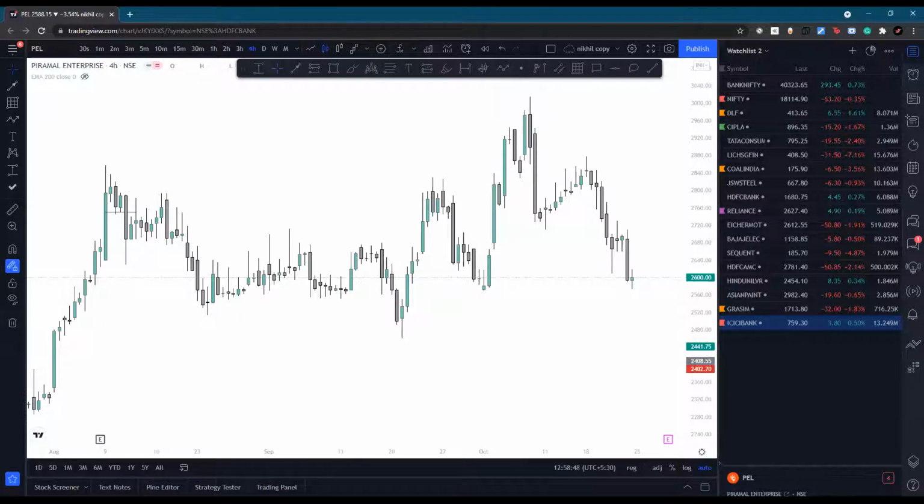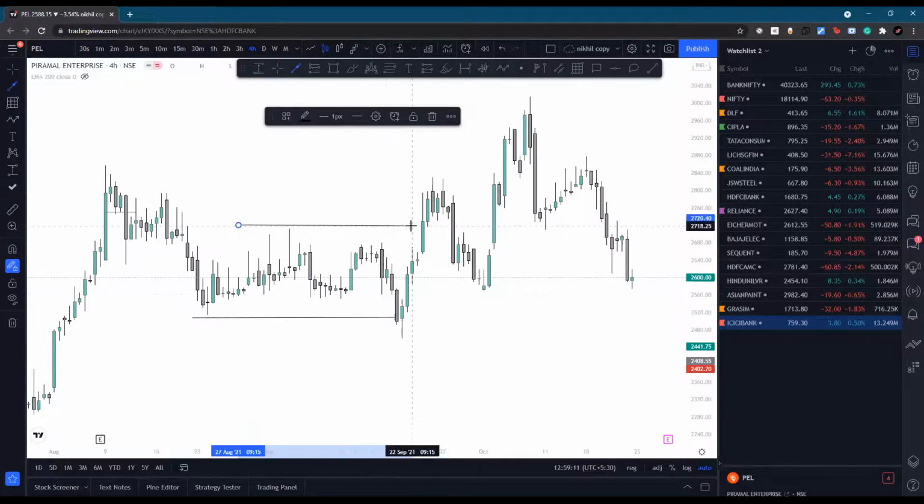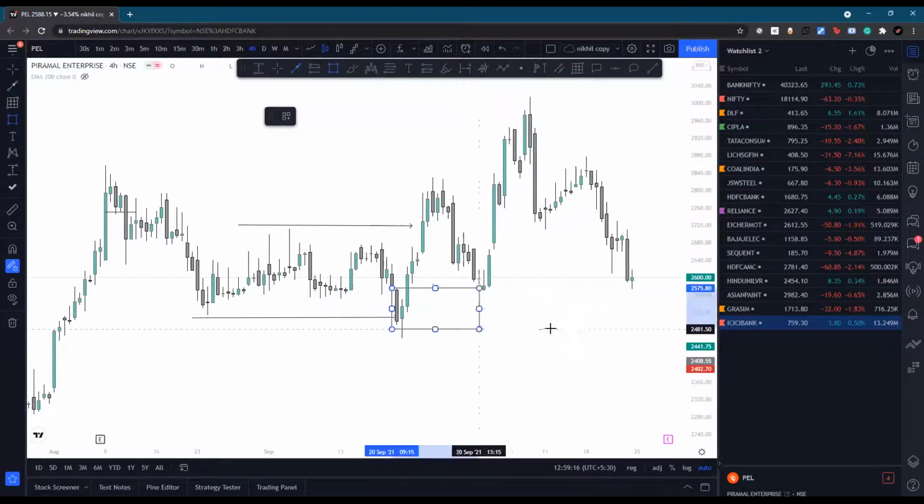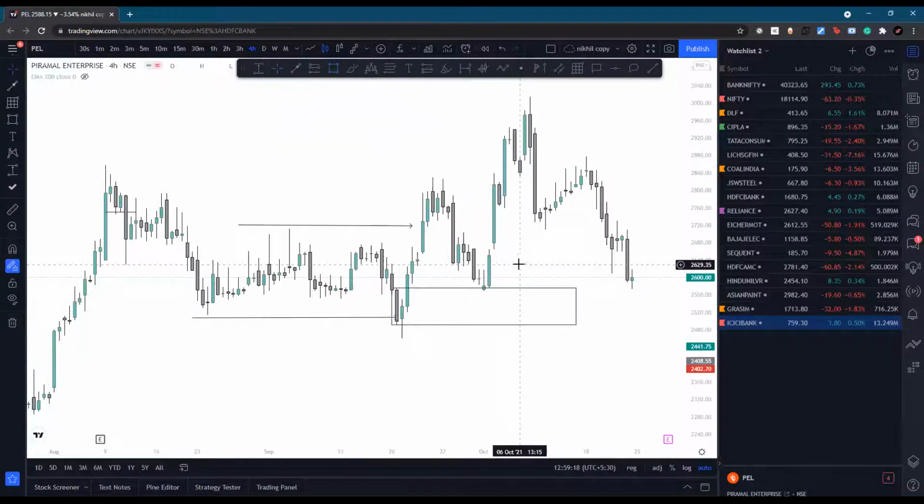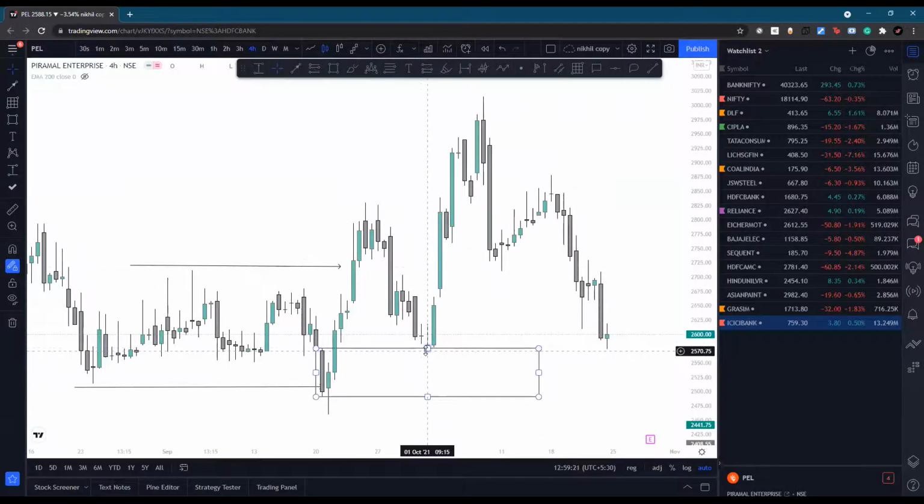Yeah, if you want a more accurate entry, you should look for a liquidity sweep, and then a break of structure. A shift in market structure, and eventually it will go and grab that liquidity. So what I generally look for is a liquidity sweep, a break of market structure, then an order block level, and then enter from that order block level, but not directly.